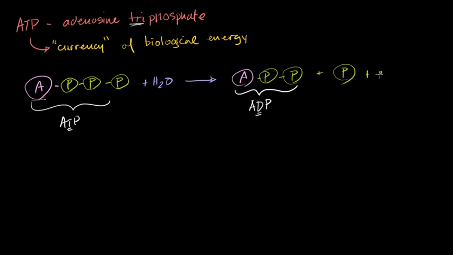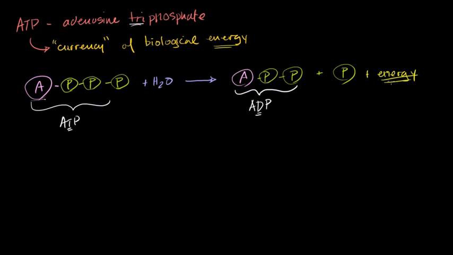And you have some energy. So when I talk about ATP being the currency of biological energy, this is why. If you have ATP, and through some chemical reaction you pop off this phosphate right here, it's going to generate energy.